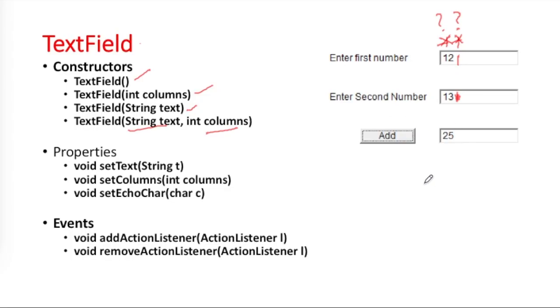Completed. That's the meaning. So here also the event generated is an action event. It is similar to pressing a button. So that's why text field also has methods for registering your callback methods for action event.